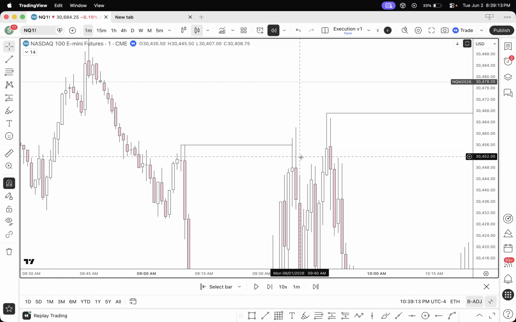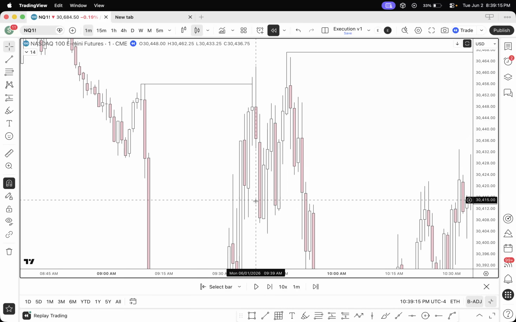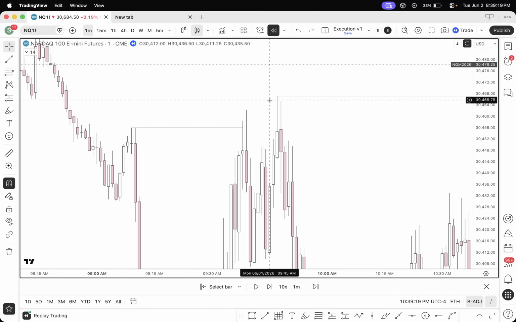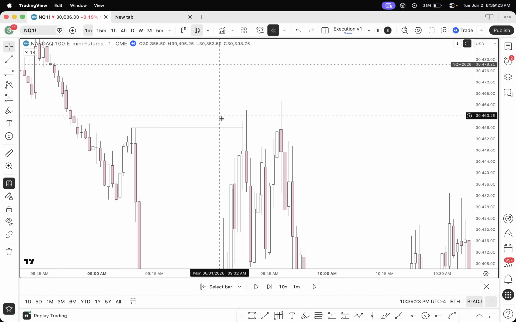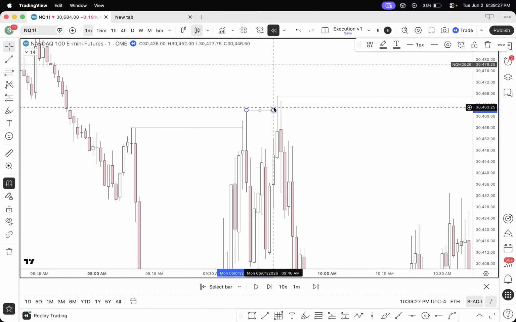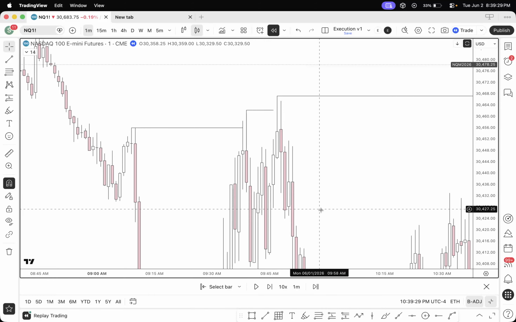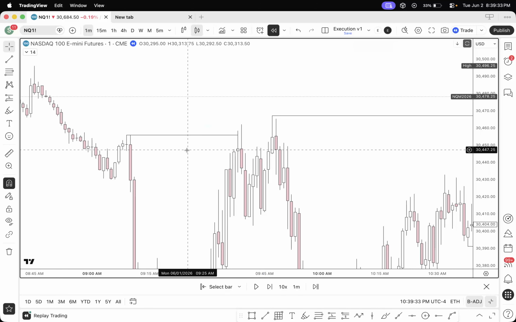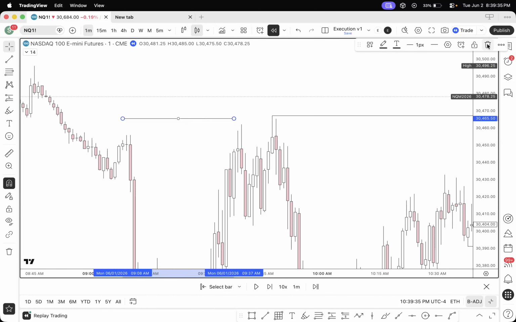So we respected it at first, and actually, we're still respecting it. We're still creating another swing high, kind of in this area in general. You can consider this another resistance zone, and then we're kind of respecting that. We're kind of going down from there, right? So that's your support and resistance.